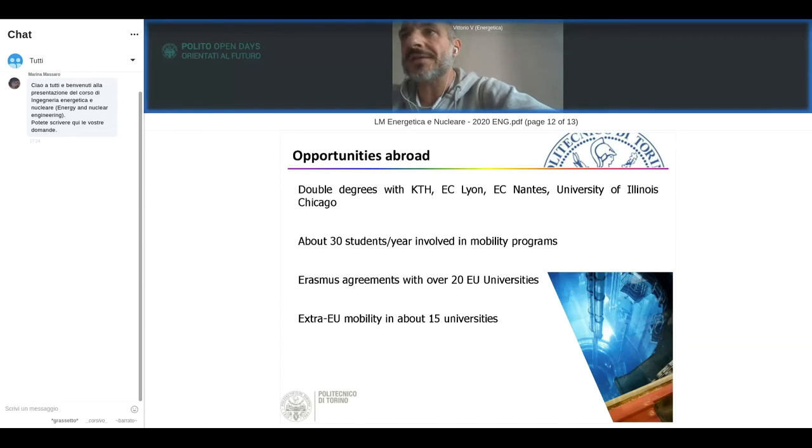So you see that you can have a modern experience here in an environment which is quite nice, and you can be really involved in the study.